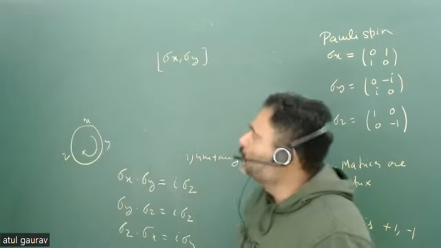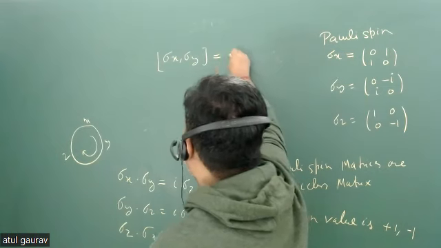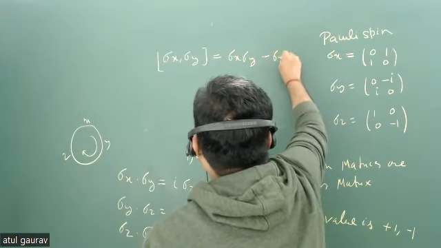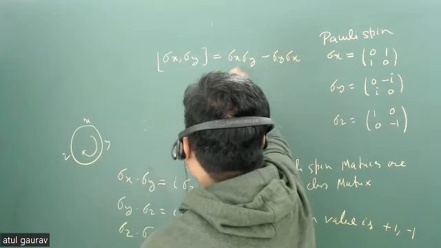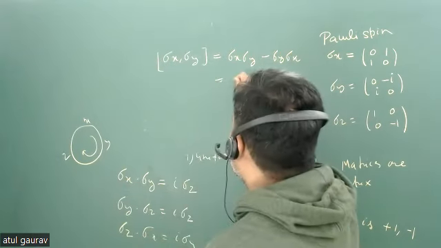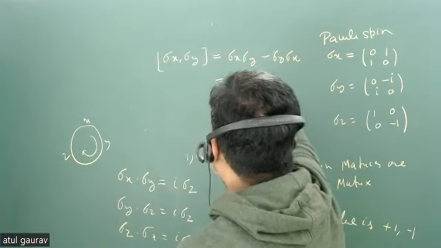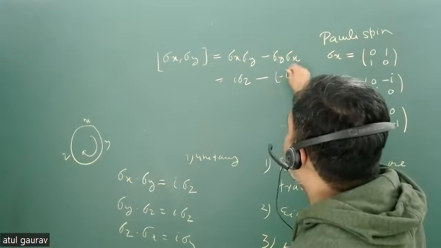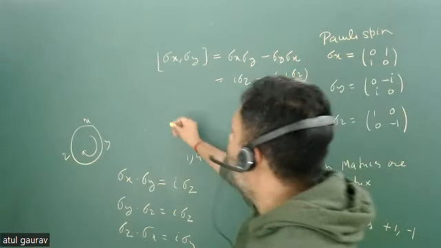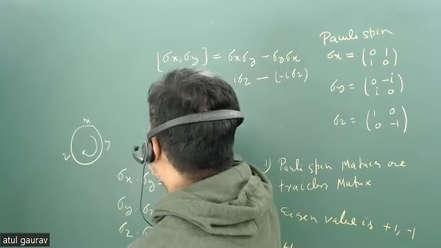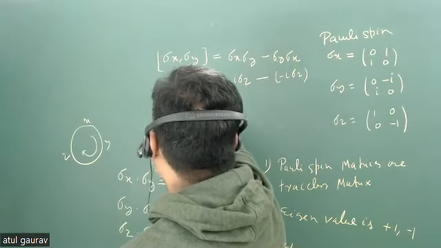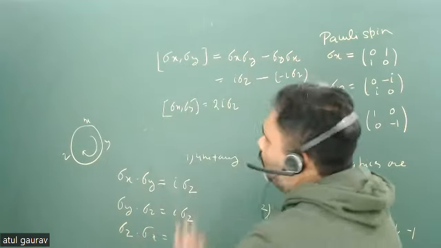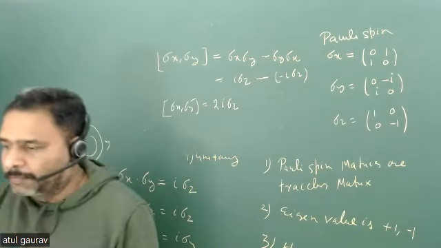The commutator of sigma x and sigma y is sigma x sigma y minus sigma y sigma x. Sigma x sigma y is i sigma z, and sigma y sigma x is negative of i sigma z. So the commutator of sigma x and sigma y is equal to 2i sigma z. And similarly, we have the same cyclic property for the others.